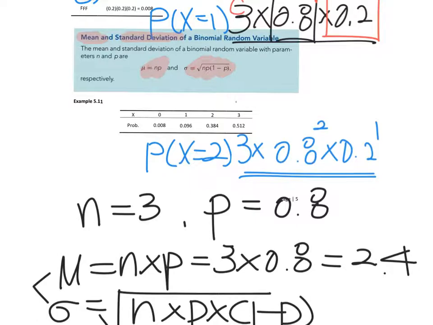Originally we just applied the formula to get the mean and the standard deviation, 6 steps. We can take the same standard deviation, 0.693, but we don't have to do that. Simply take the square root of n times p times 1 minus p. It will be the standard deviation based on the binomial setting.